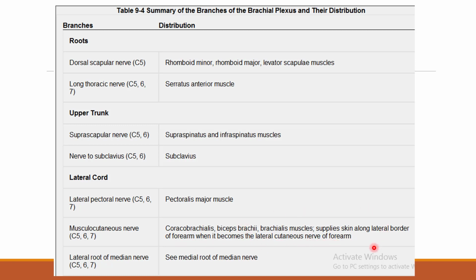This point is very, very important because in the exam they will ask you that the musculocutaneous nerve continues as the lateral cutaneous nerve of the forearm, not the arm, it is the forearm. Then there is another branch which is the lateral root of the median nerve.